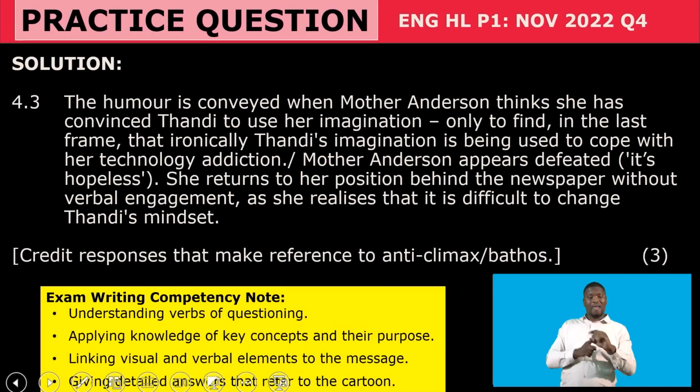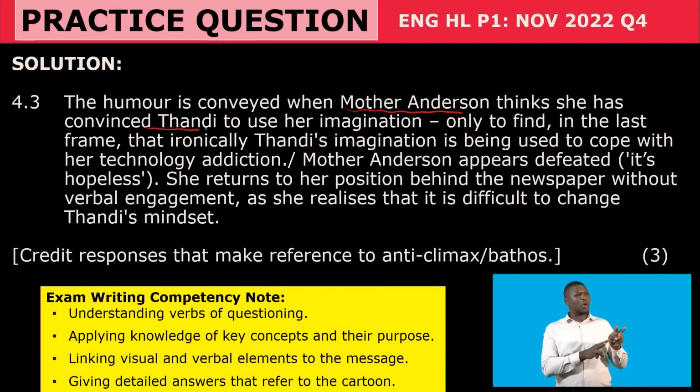The humor here is conveyed when Mother Anderson thinks that she's convinced Thandi to use her imagination, only to find in the last frame that ironically Thandi's imagination is being used to cope with her technology addiction. She imagines playing a game on her phone instead of actually playing a game. Mother Anderson appears defeated. She says it's hopeless.